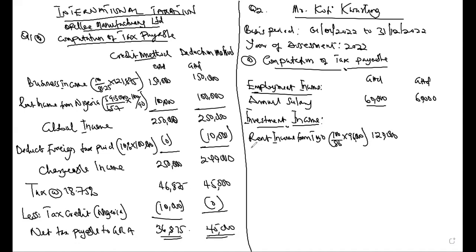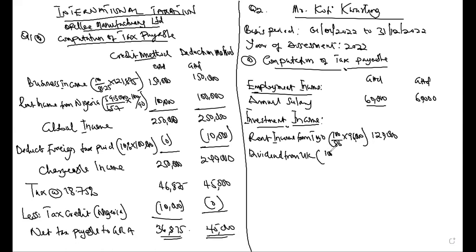120,000. The next one, I think, is the dividend from UK. I've already explained the thing. The amount is 185,000, and the tax deducted is 7.5%.